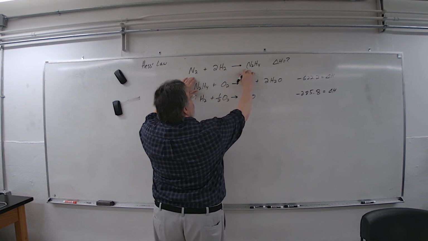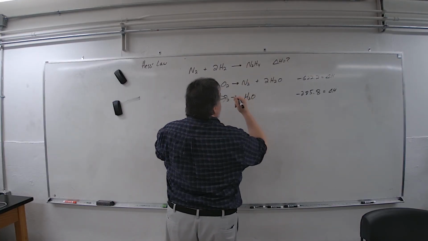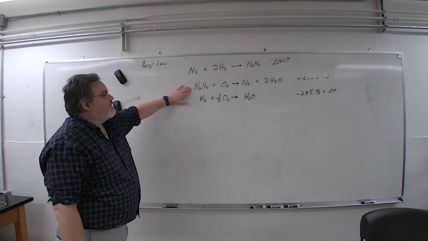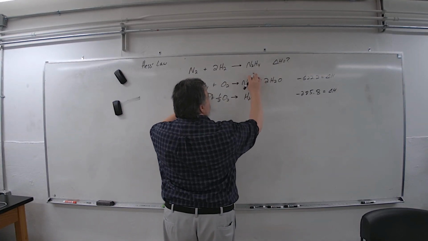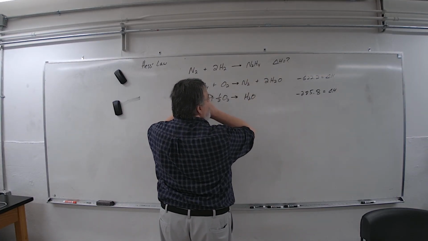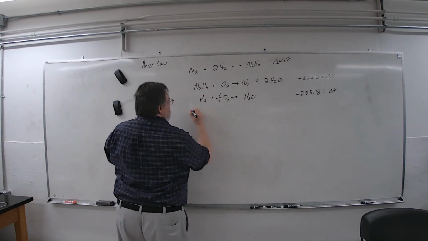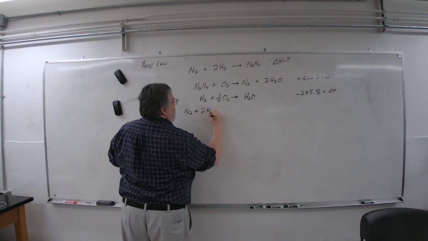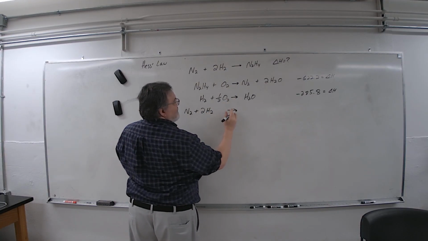There's no H2 up here, so I know this is what needs to cancel. Let's think here. I need that on the right side. So let's flip that one around. So N2 and 2H2. It helps to keep the arrow lined up for these.